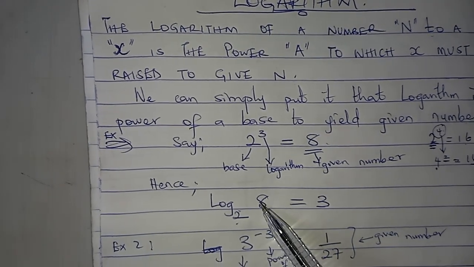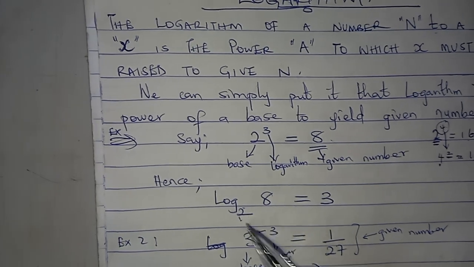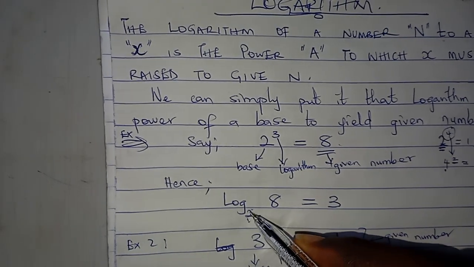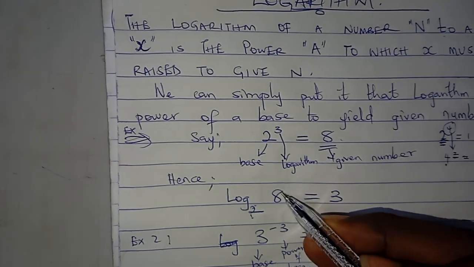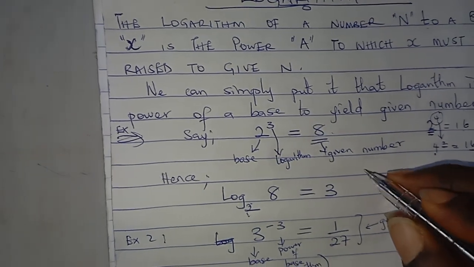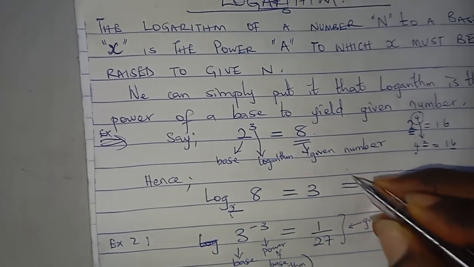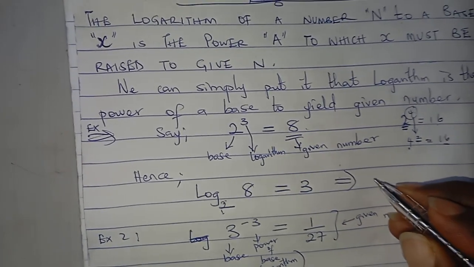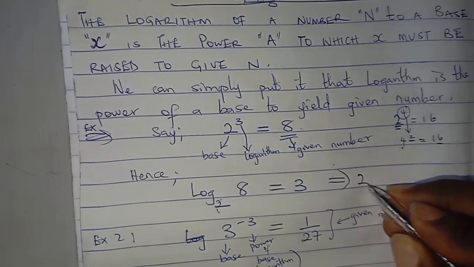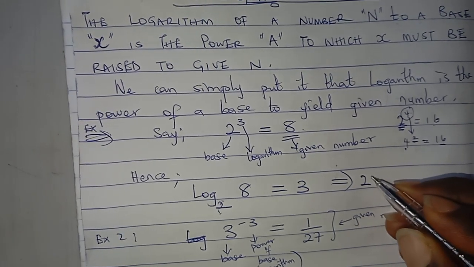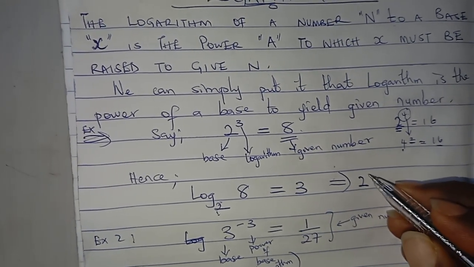So if they give me log 8 to base 2, I'll simply ask myself, what do I do to this 2 so that I can get 8? And that is why you see in most books, when they are explaining this, they ask what do you do to the base, which is 2, to get 8.